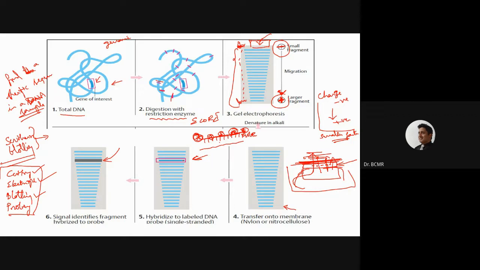But we will also watch some videos and then come back and discuss this again after you have had some more briefing on that. So this is how, if I took DNA and treated it with restriction endonuclease, it might typically look like a smear because DNA is usually very large.